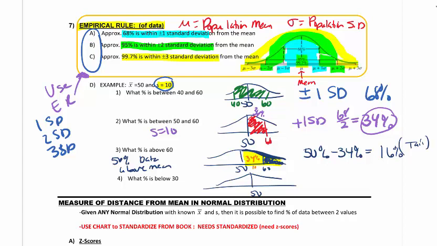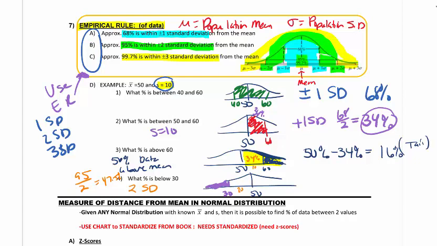So 4 says, what is the percent below 30? And it's really important that you are shading the right area because that gives you the wrong answer if you do not. So that's 20 between that distance. So that means that's 2 standard deviations. So if I look at my rule, I have 95%, but that would have been both directions. So I divide that by 2. That gives me 47.5%.